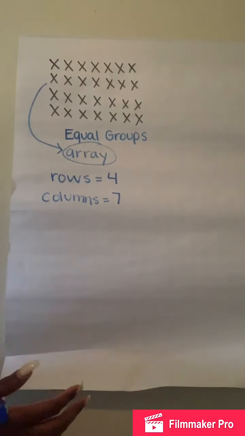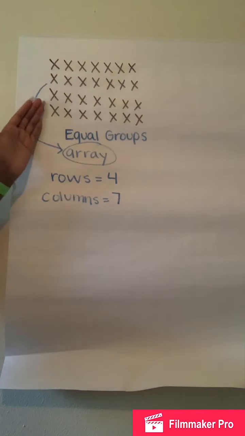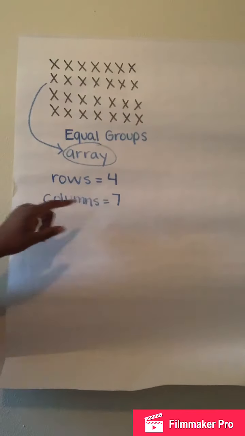Now I can say this problem either way. I can either say that I have 4 groups of 7 or I have 7 groups of 4. Because remember, when we talk about groups, we can be talking about the rows going across, or we can be talking about the columns going up and down. I'm going to say that I have 4 groups of 7.